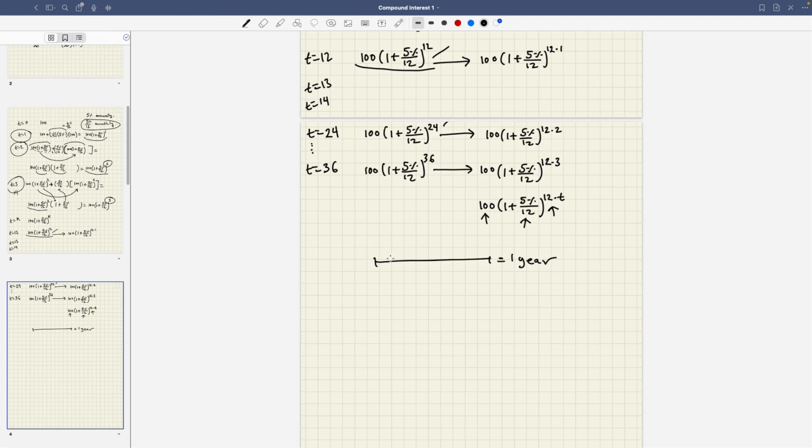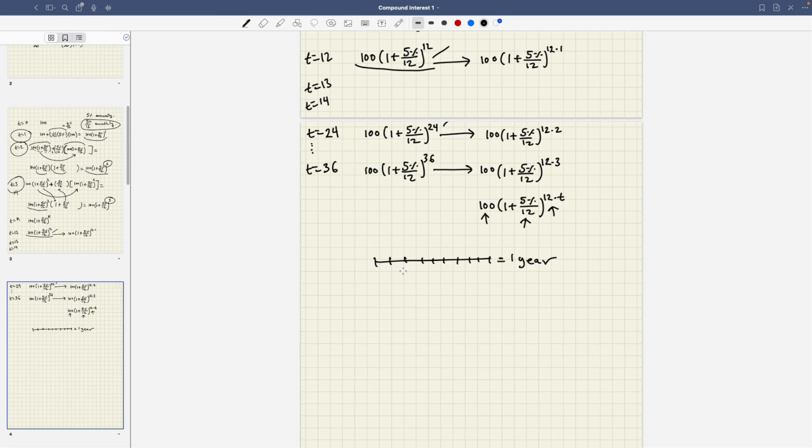And we break down a year into many pieces or segments of the same length. So if there are 12 segments of equal length, each segment represents a month, because there are 12 months in a year.